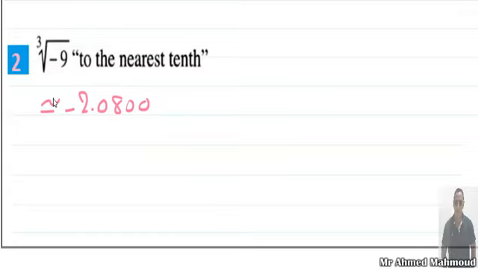To the nearest tenth, the tenth here is 0. Then by looking to the next digit, 8 is a strong digit. We'll add 1 to the 0. It will be approximately equal to negative 2.1, and ignore the rest of the number.